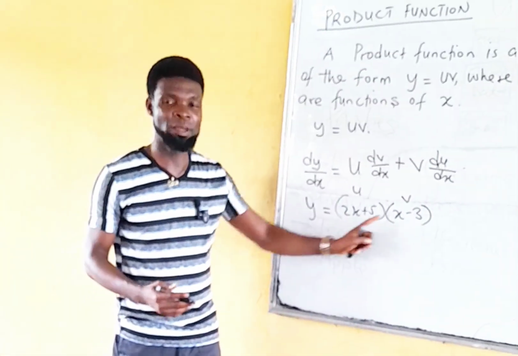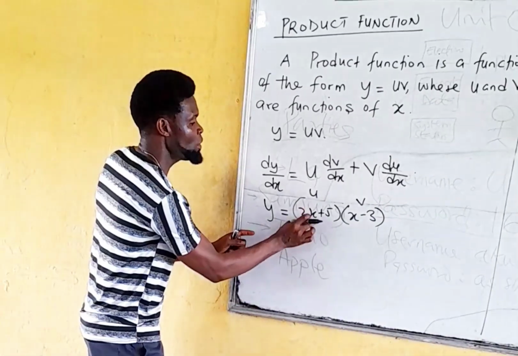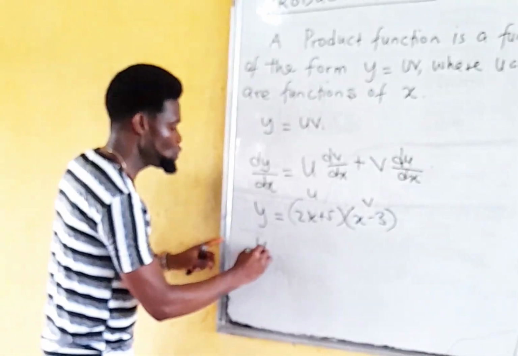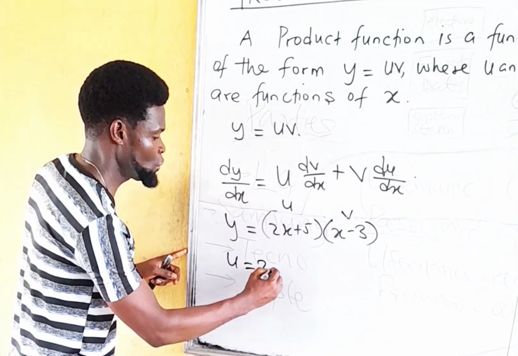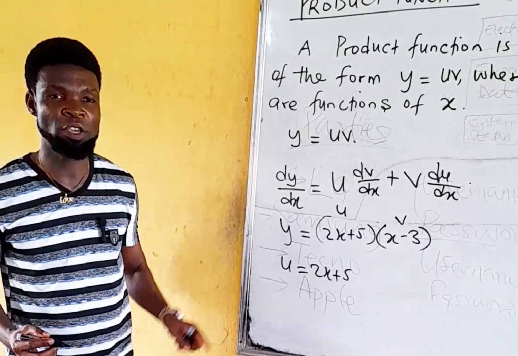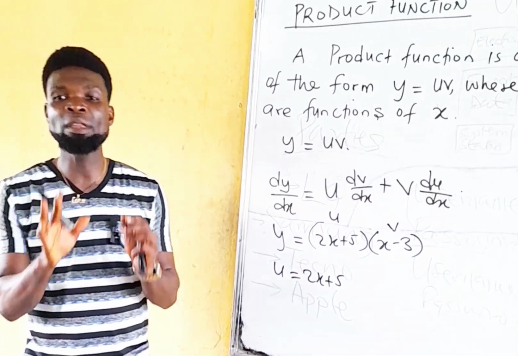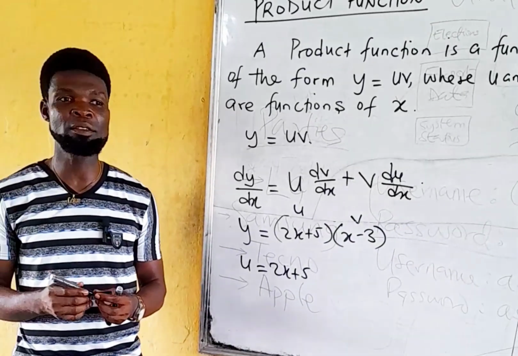So we are going to pick them and differentiate one after the other. So remember we said that this one is u, meaning that u is equals to 2x plus 5. Then differentiate. Now my question is, what are you going to differentiate and with respect to what?